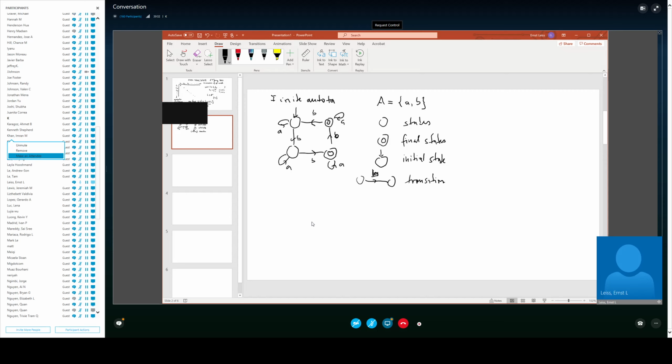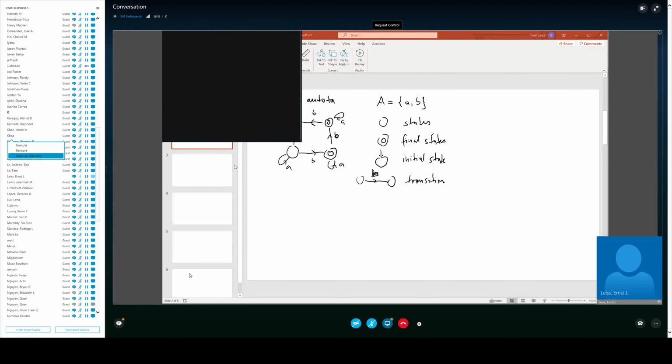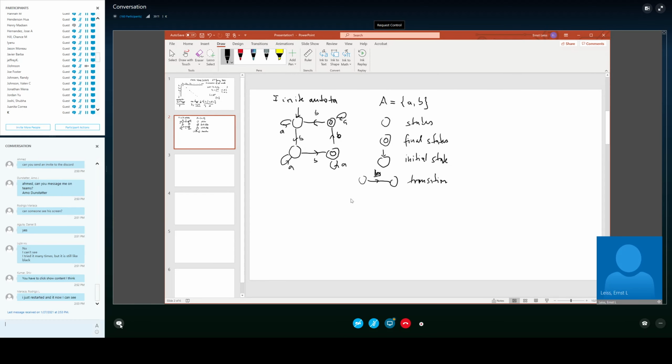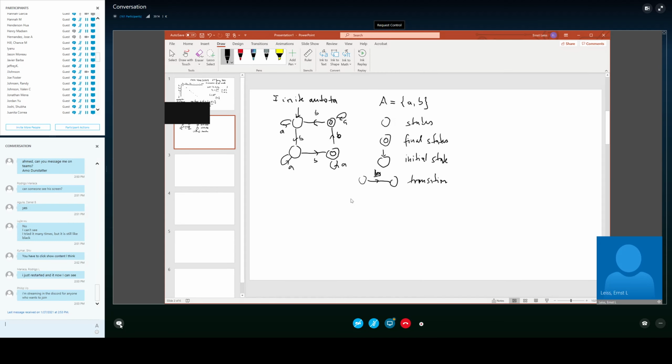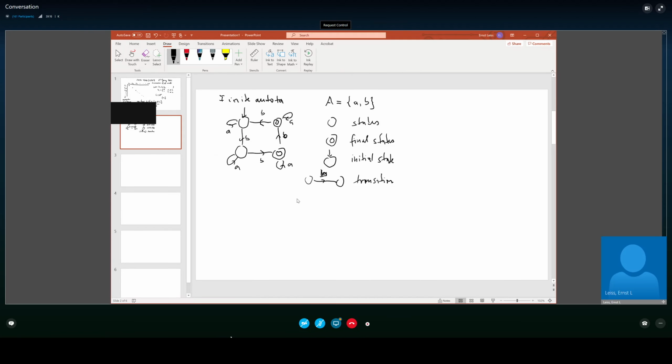Now, remember, we are in the business of defining a language, and that means we have to describe how that finite automaton can be used to define a language. If you recall, when we talked about automata, they basically are black boxes where we feed in a word and the black box tells us yay or nay.